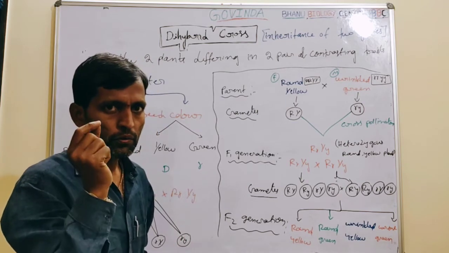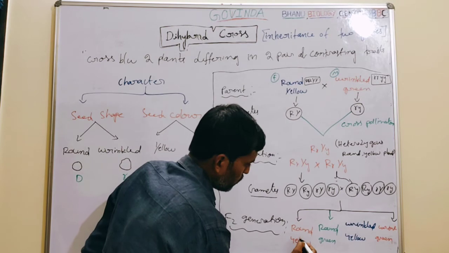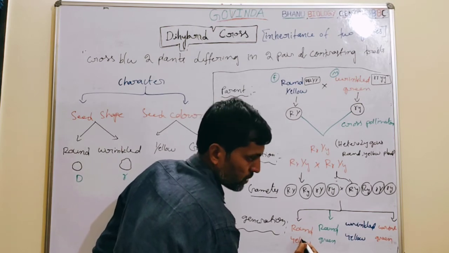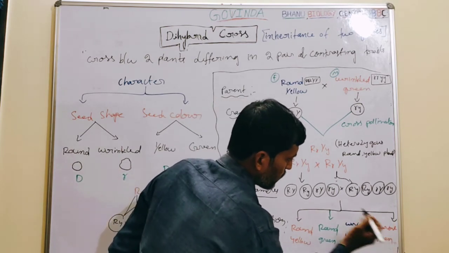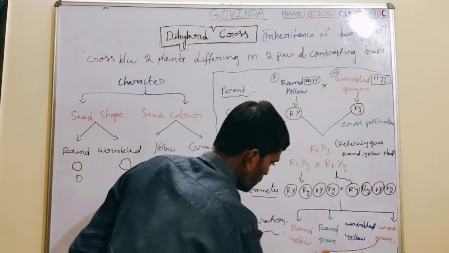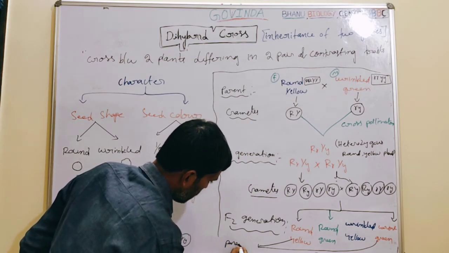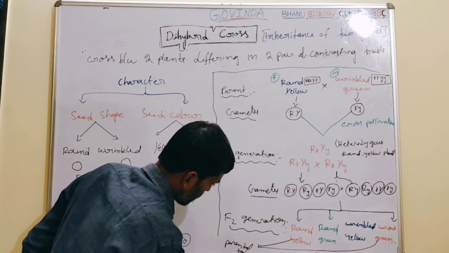Here we need to make a keen observation. The round yellow, the first type, and the last one, wrinkled green, are the parental types, right? This one and this one are the parental types.